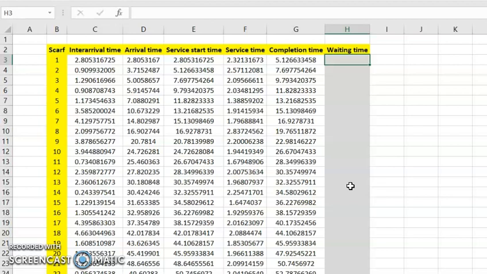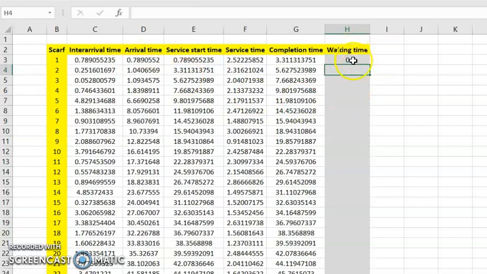1000 cases, or 999, because when I do 1, the remaining would be 999. So here the waiting time equals service start time minus arrival time. For the first customer, it is 0. Why?